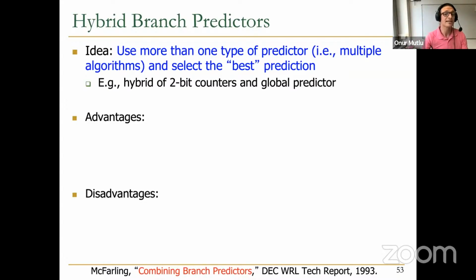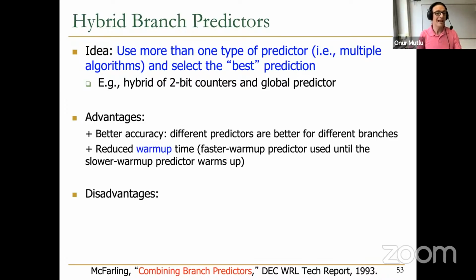We use more than one type of predictor, in other words, multiple algorithms, and select the best prediction for a given branch or for a given history. That now becomes a design choice, right? For example, we can have a hybrid of 2-bit counters and a global predictor. We can have a hybrid of global predictor, local predictor, and 2-bit counters. We can have a hybrid of 10 different predictors. As we will see later, we're going toward that in existing processors, basically. Clearly, there are advantages and disadvantages. We get better accuracy. Different predictors are better for different branches.